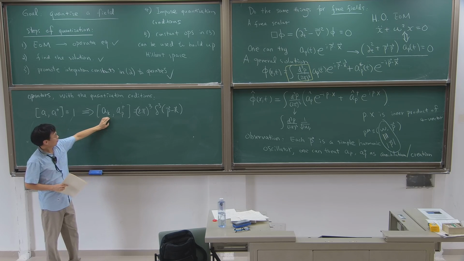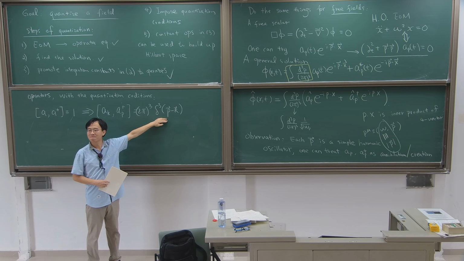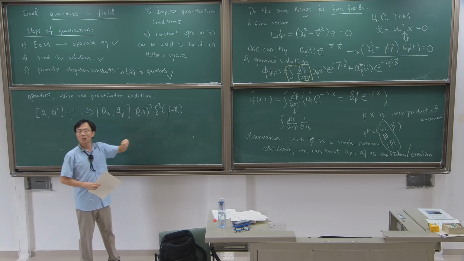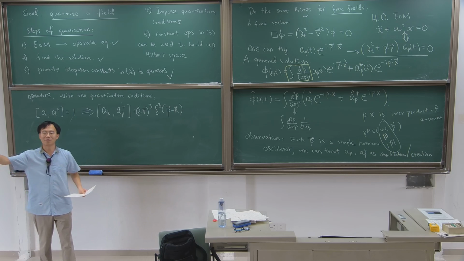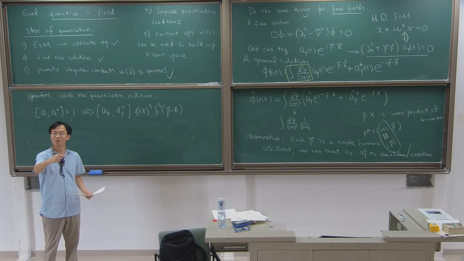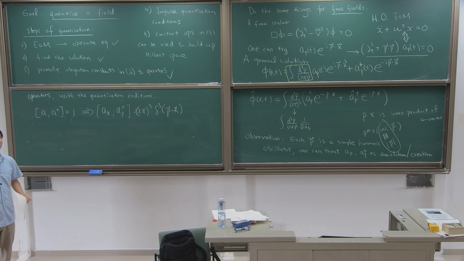Say for different momentum, if k and p are different, this is 0. What does this mean? It means there is a simple harmonic oscillator staying on each different mode for different momentum. Just think about it: a fixed momentum mode looks like some plane wave. Intuitive picture. This kind of mode can carry different momentum. The point is, for each momentum, you have a harmonic oscillator.